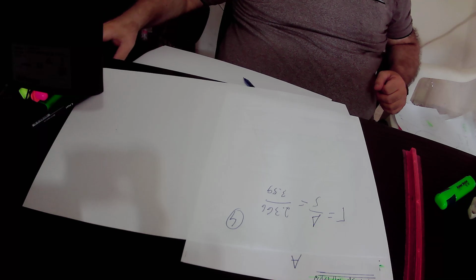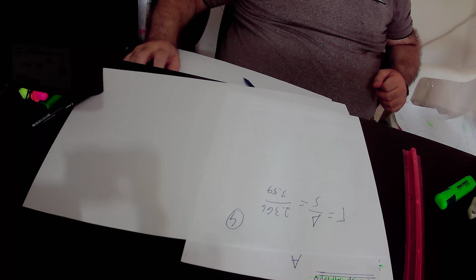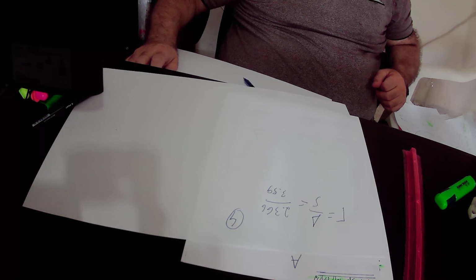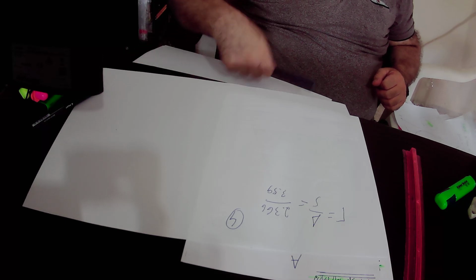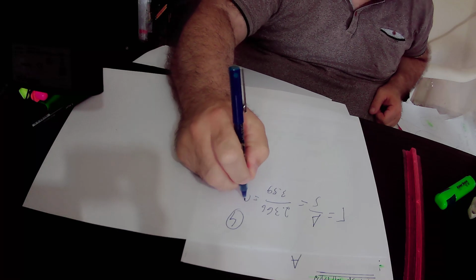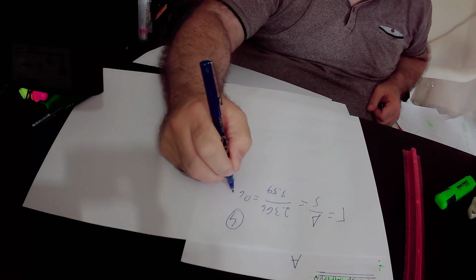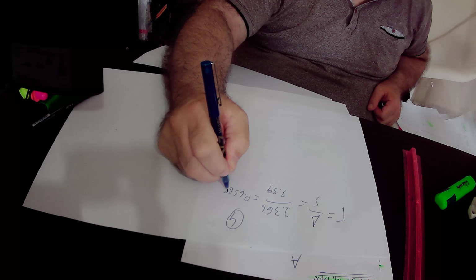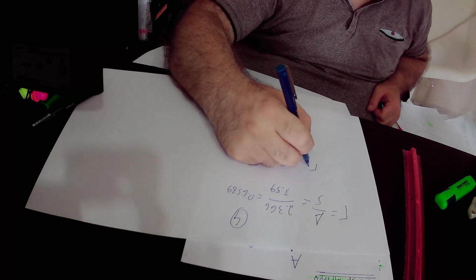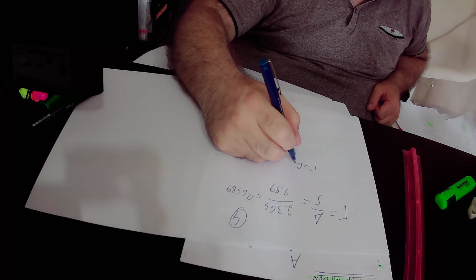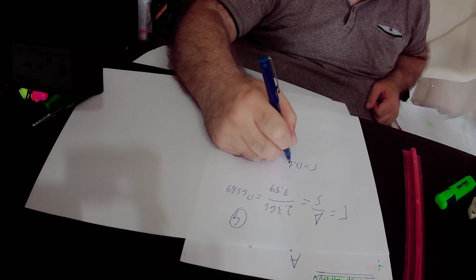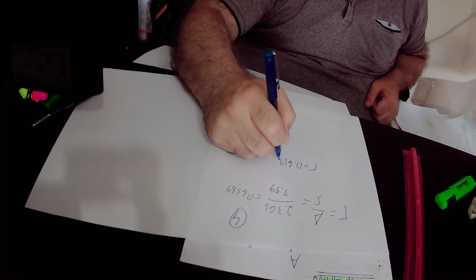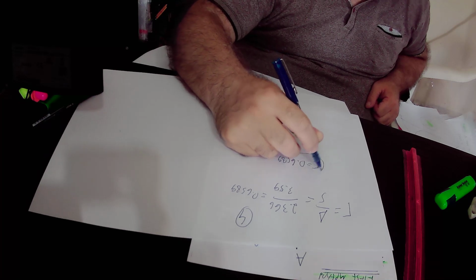And here it is equal to 0.6589 units. So the radius of the circle that is inscribed by triangle ABC equals 0.6589 units.